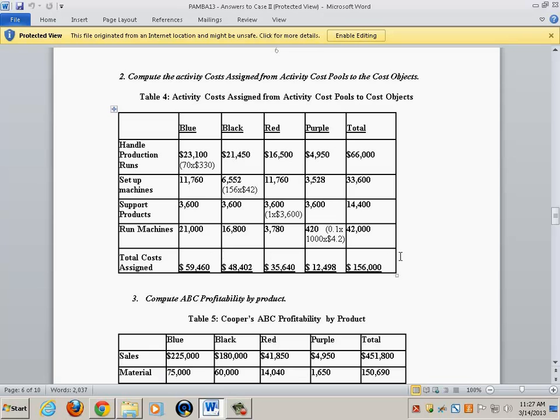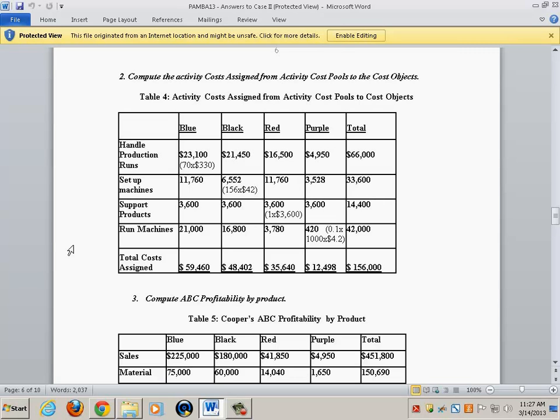Bottom line in table 4 gives you the allocation to blue, black, red, and purple pens based on activity analysis, and that's really what we wanted.